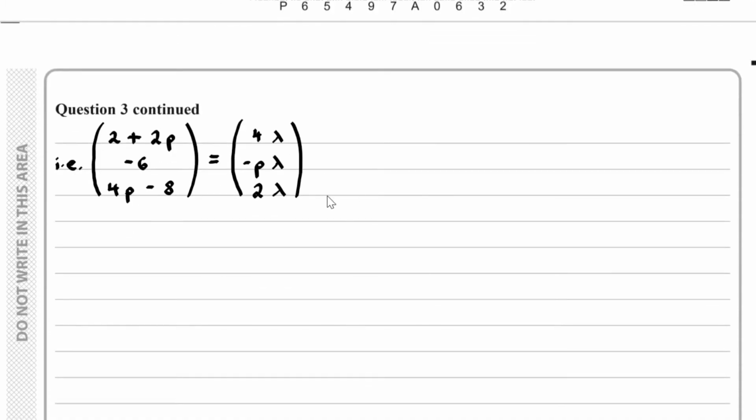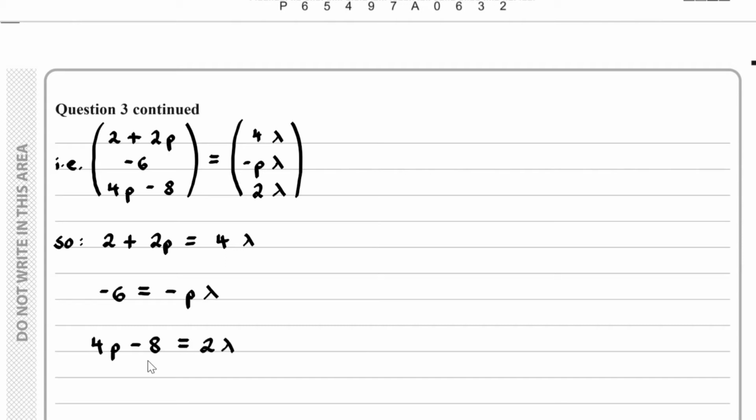Now, if we take a look at the components, well, we have 2 plus 2p equals 4 lambda, minus 6 equals minus p times by lambda, 4p minus 8 equals 2 lambda.